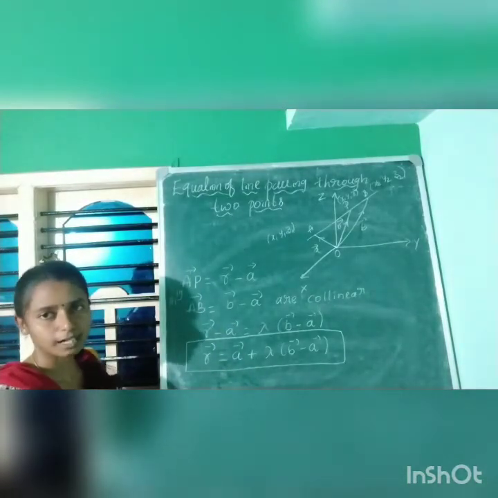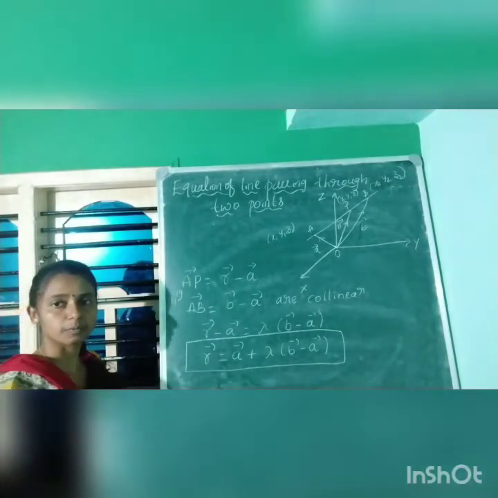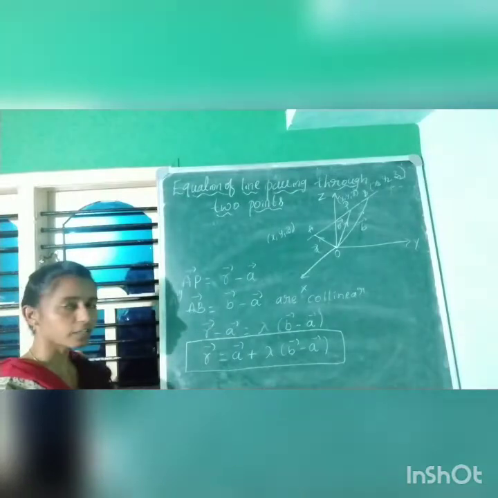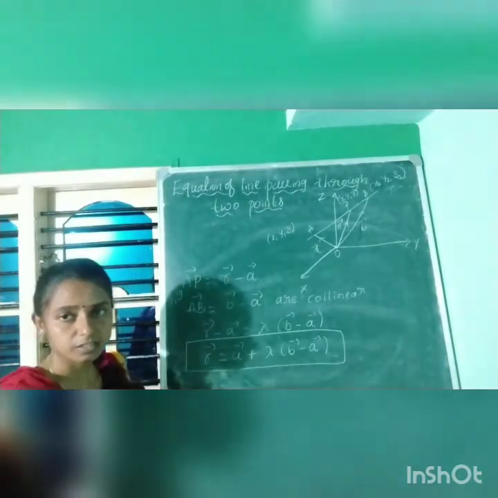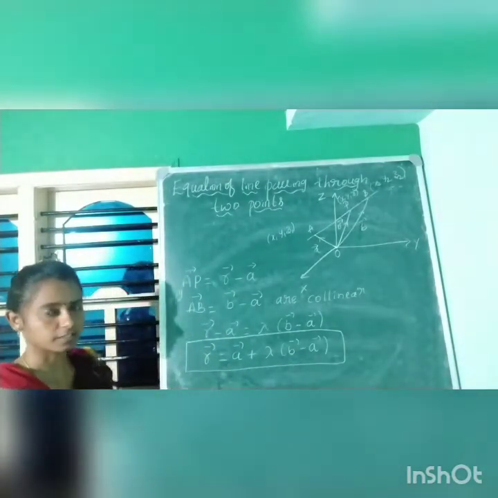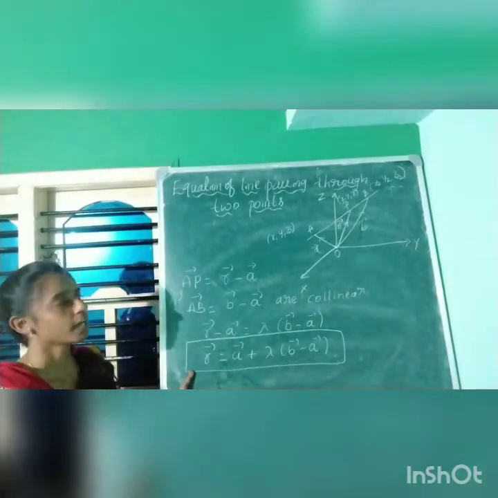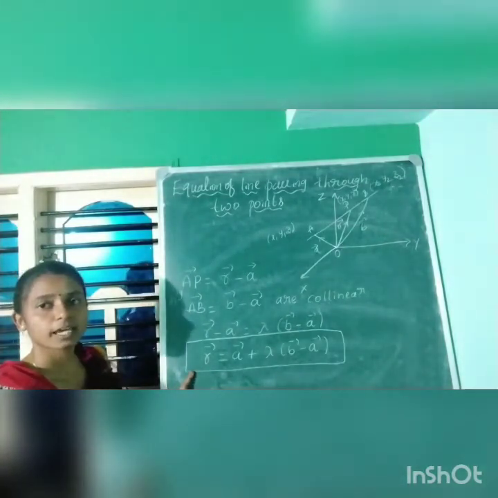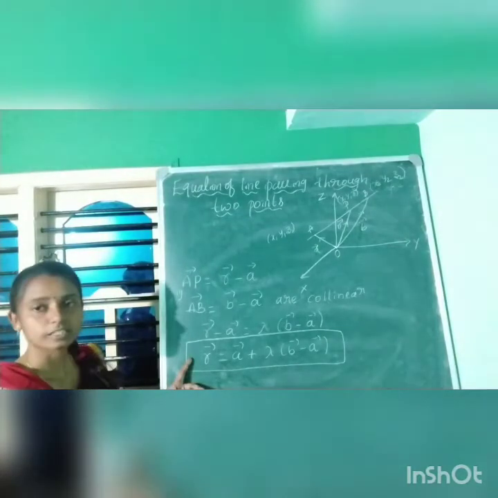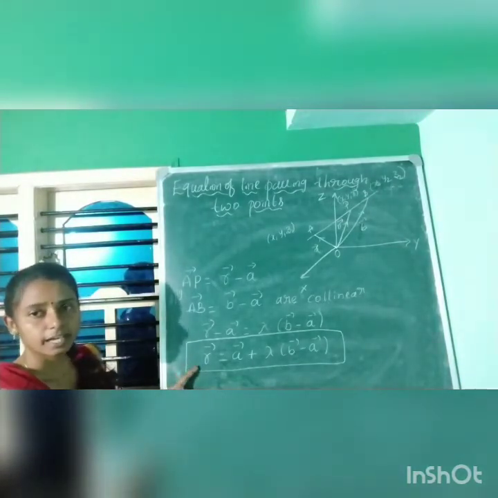Then what will be the Cartesian form? We are going to derive the Cartesian form with the help of the vector form. So in the vector form we have a vector, b vector and r vector. As we know, r is a position vector with the point P, hence you can take this vector r as xi plus yj plus zk.